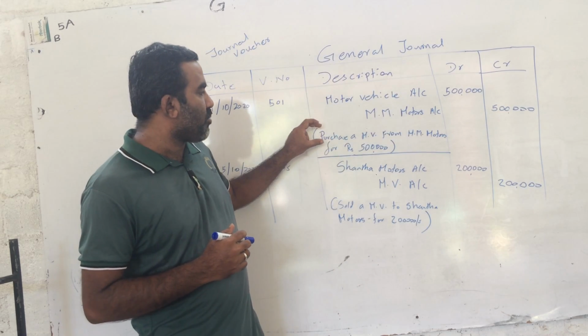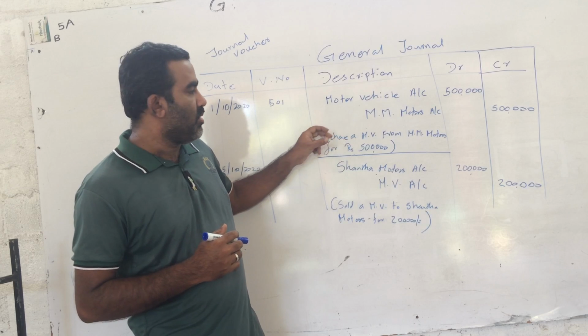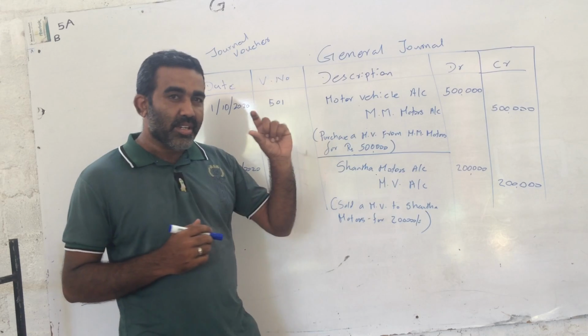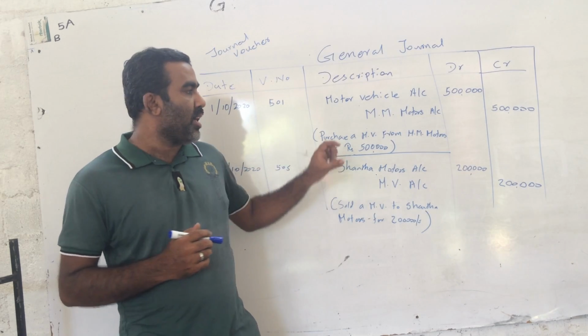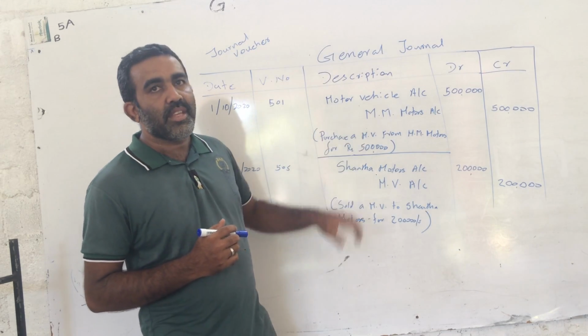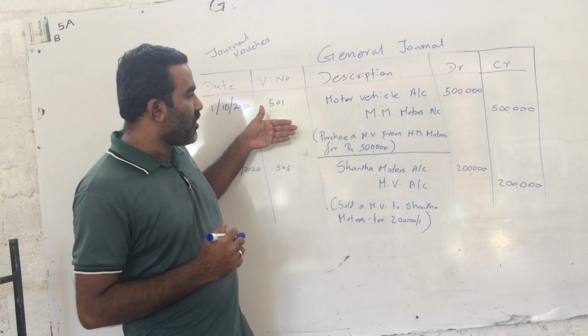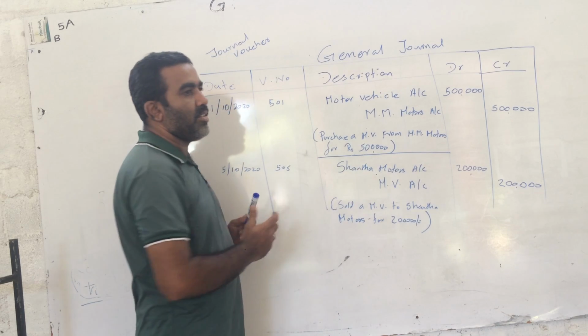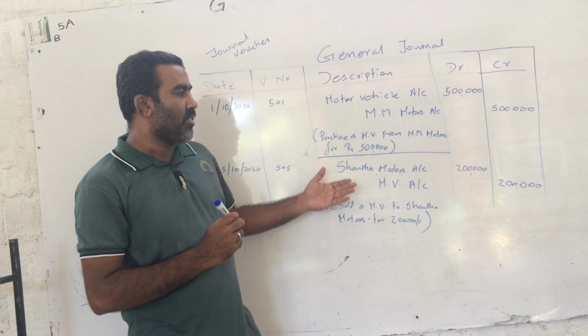Then we have to write a small narration: purchase motor vehicle from Motors. That means we are giving a short description about the transaction, known as narration. When you finish the first one, put one straight line like this, then go for the next one.